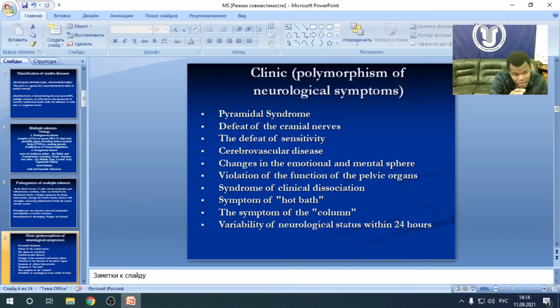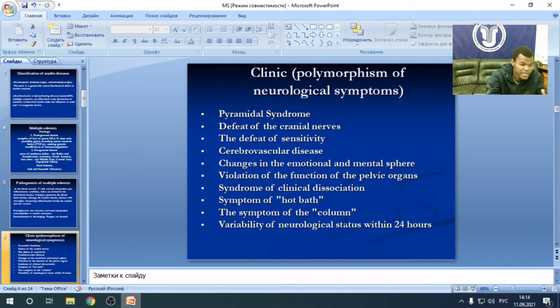Now, for MS, there will be some symptoms from central pyramidal disorders and some symptoms from peripheral pyramidal disorders. They will be mixed. That is why we talk about polymorphism.